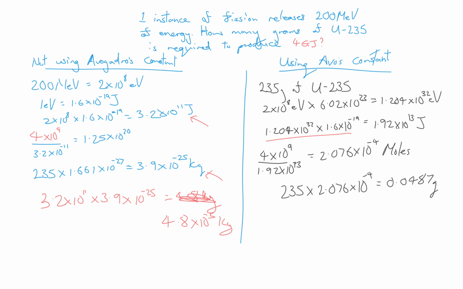So obviously that tiny fraction, a few thousandths of a mole, a few thousandths of 235 grams, gives us 0.0487 grams. And if we turn that into kilograms, we divide this by 1,000, and what we end up with in kilograms is 4.87 times 10 to the minus 5 kilograms. And then that's worked out perfectly.